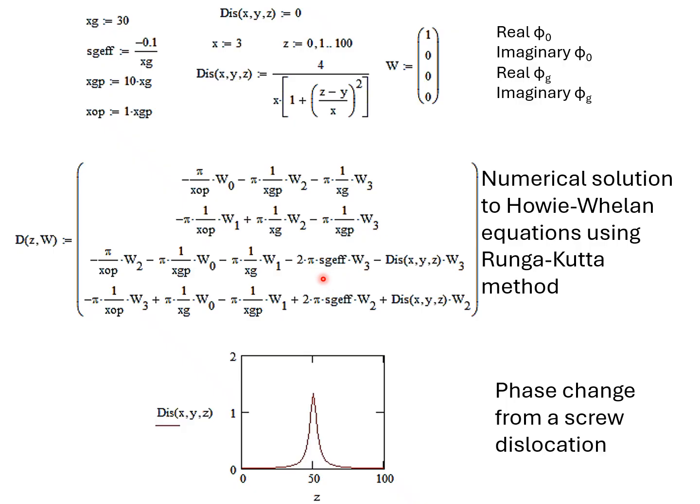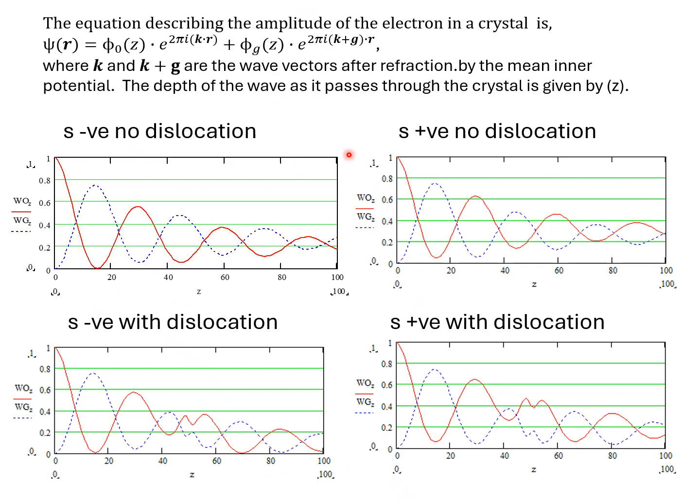And here we have the deviation parameter. So when you do it this way, and this is for a simple case of a screw dislocation, and that's in Howie-Whelan, Nicholson-Pashley. So anyway, you can solve those equations numerically, not analytically, numerically, and get something like this.